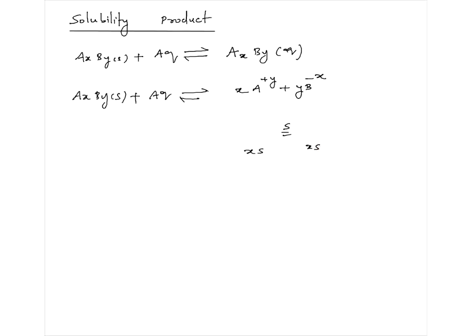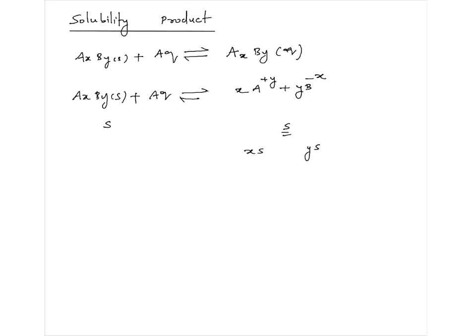YS of these ions. This is Y I have used here. Now S is in mole per liter, so S is just like concentration. But many times we can talk of solubility in terms of gram per liter also.